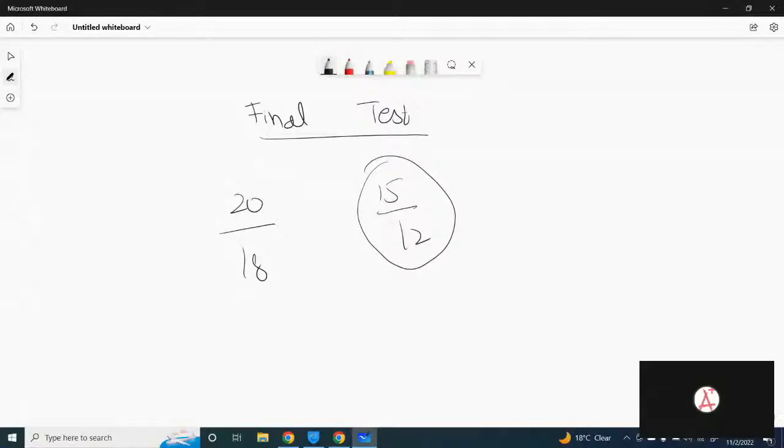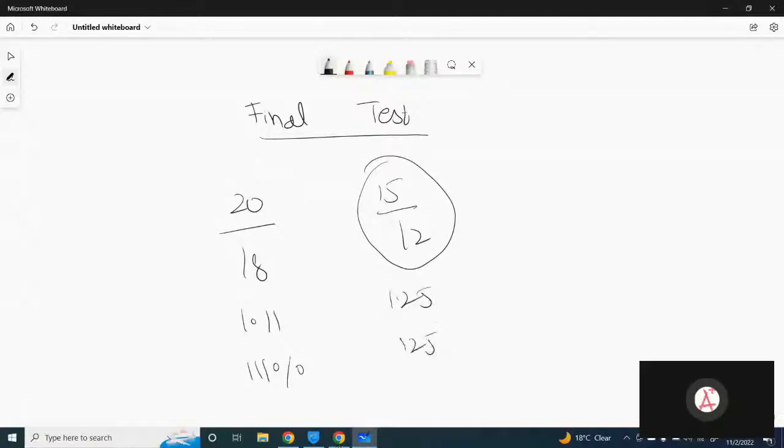You can write the answers in percentage form. So 20 divided by 18 is 1.11, just write it in percentage form, and then 15 divided by 12 is 1.25.